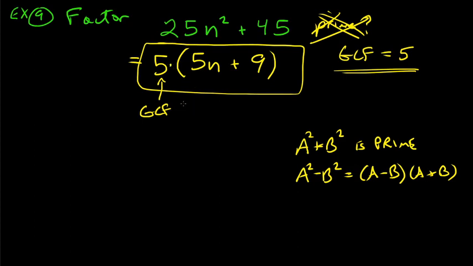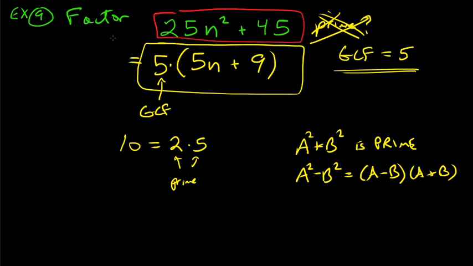These are factors, right? So it's just like the number 10. It's not prime. It's the product of two primes. 2 and 5 are prime, but the 10 is not. So the 5 and the 5n plus 9 are prime. However, the original question, the 25n squared plus 45, that is not prime.